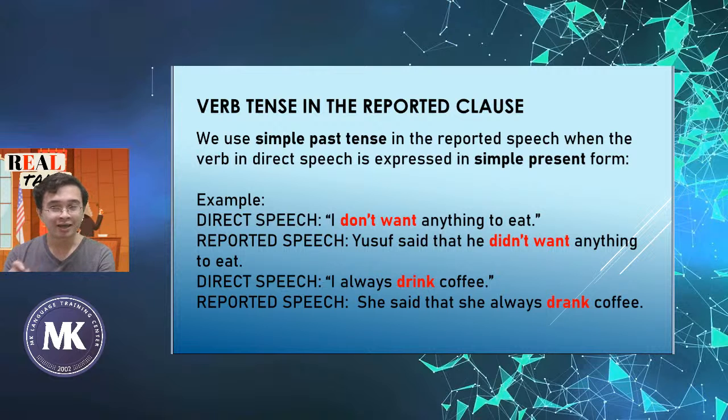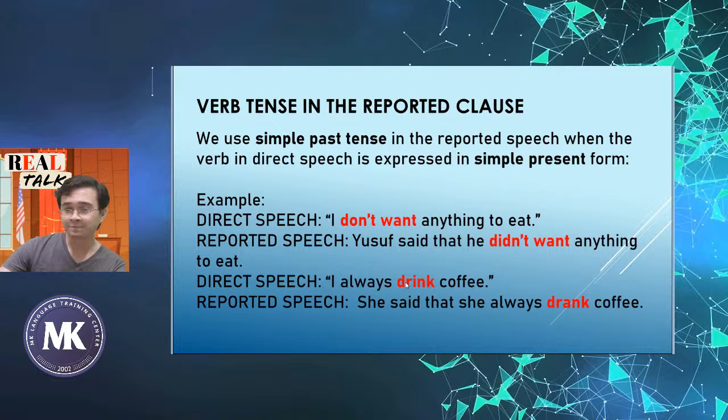Remember again, the verb in the reporting clause is always in simple past. For our second example, we have the direct speech: I always drink coffee. Drink here is also in simple present.